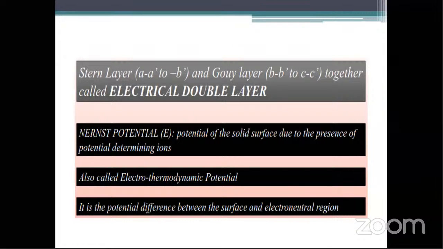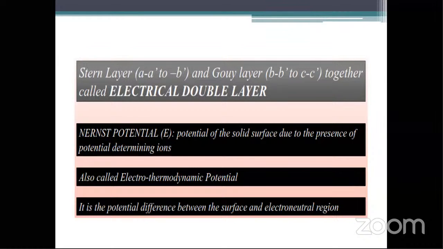Try to understand: Nernst potential or electrothermodynamic potential is defined as the difference in potential between the actual surface and the electroneutral region of the solution. Again, I am repeating, that is known as Nernst potential.